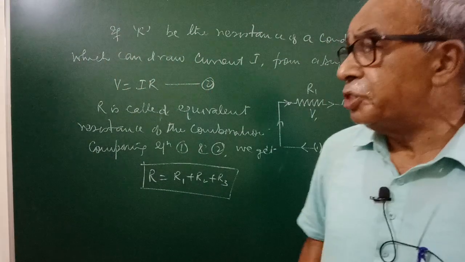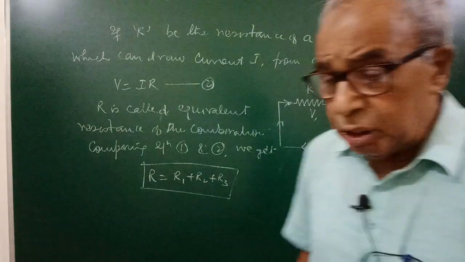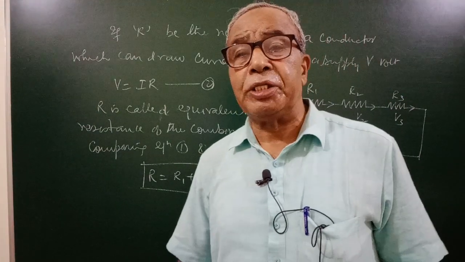So in series combination, the equivalent resistance is equal to the sum of the resistances.